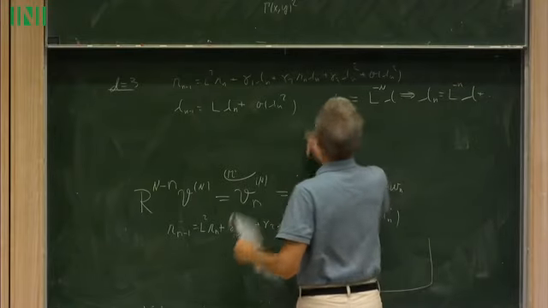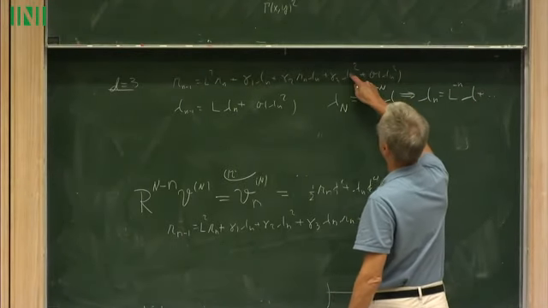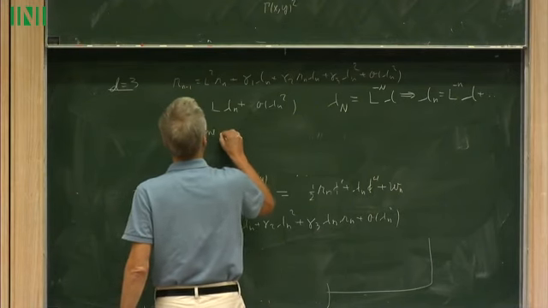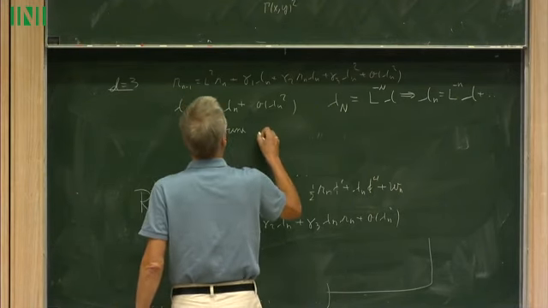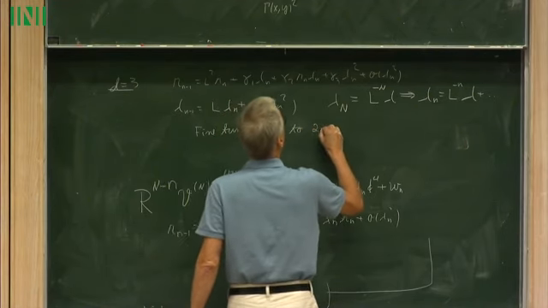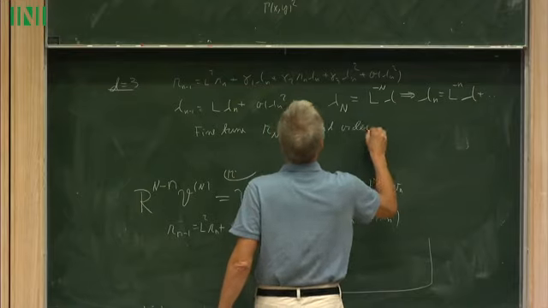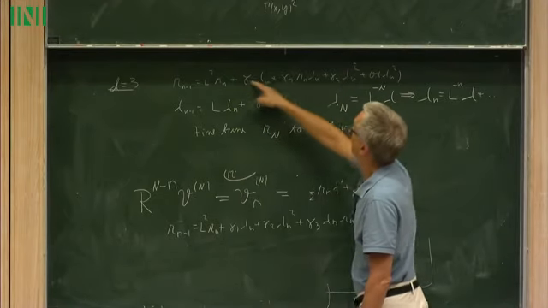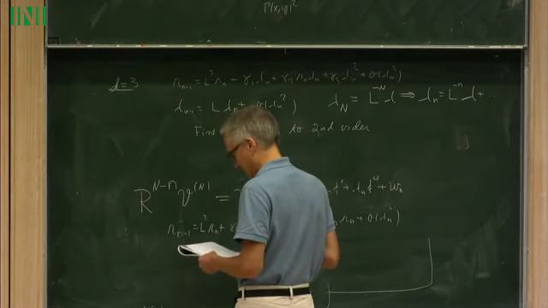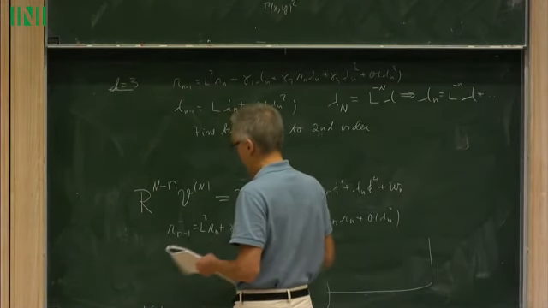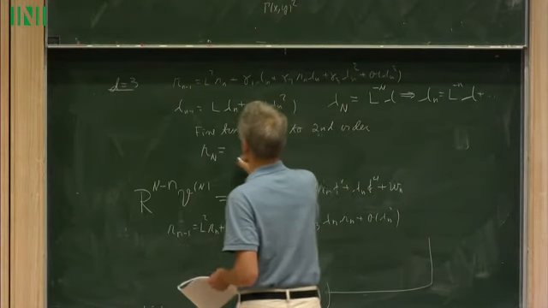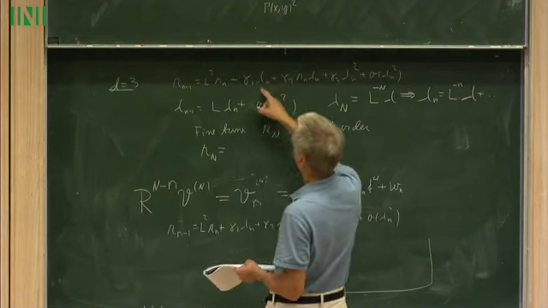Doing the power counting, this looks like marginal. So I had to fine-tune Rn to second order, to cancel these terms which otherwise would increase. It's a simple calculation to find what it is, and I will not do it here. First you have to counter that, and that's easy.